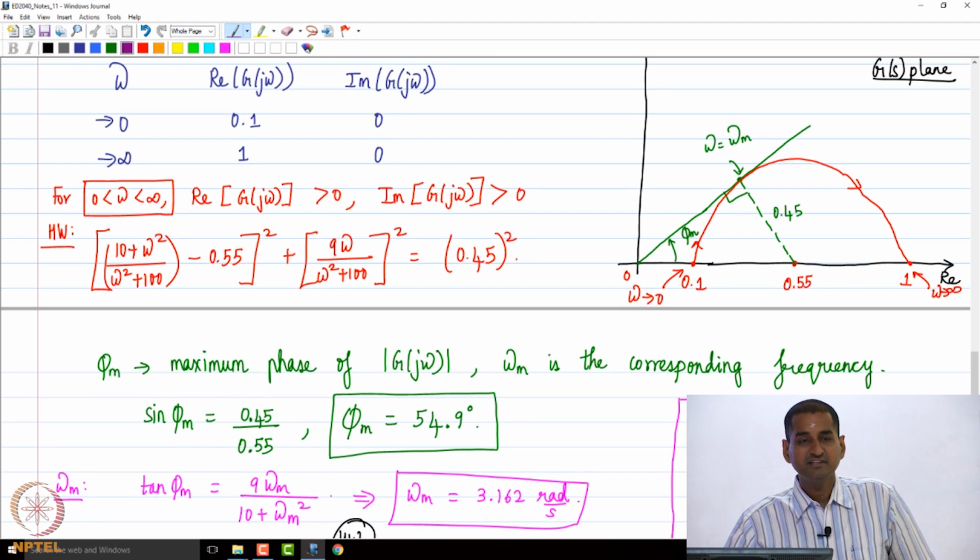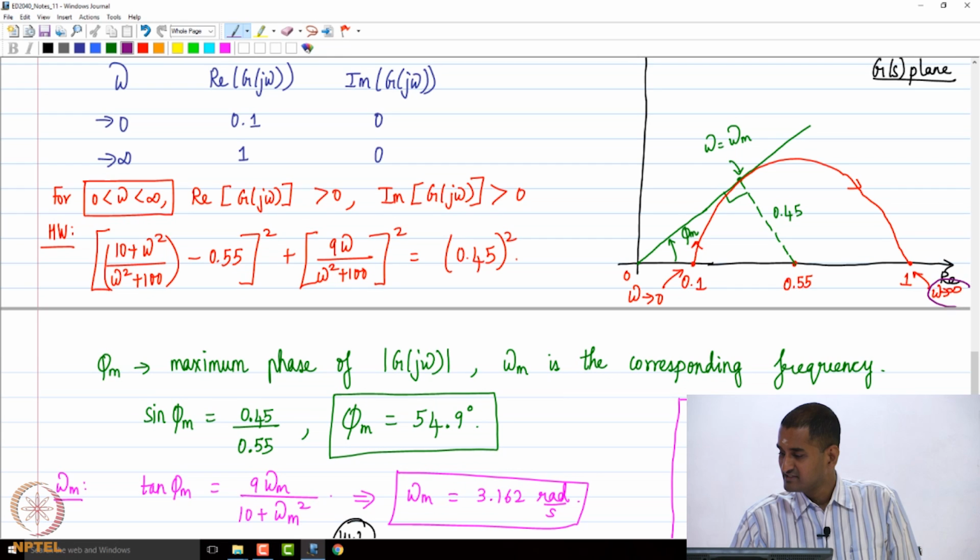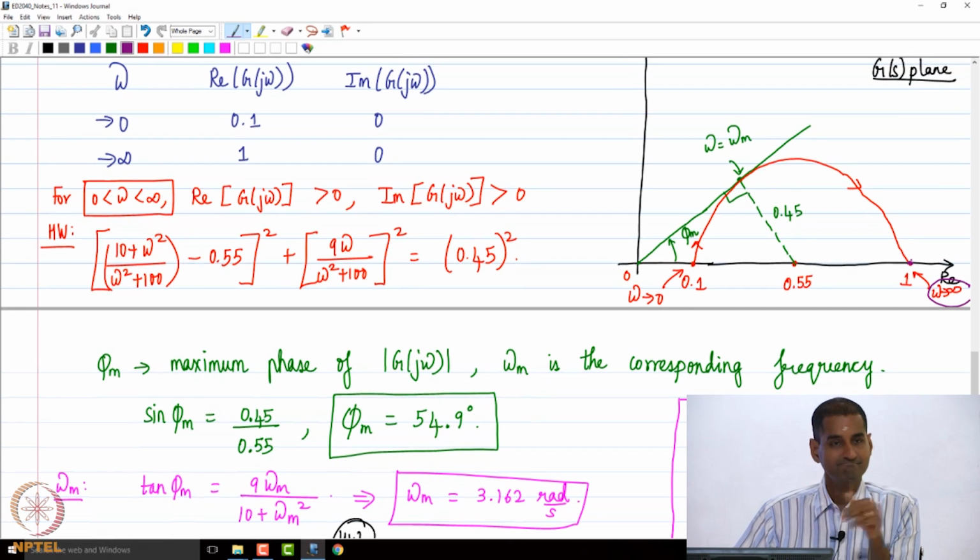Where is the transfer function as omega tends to infinity? 1, not 0.1, 1. It is at 1, right. If the transfer function is at 1, what is the angle made by that? How do you get the angle?